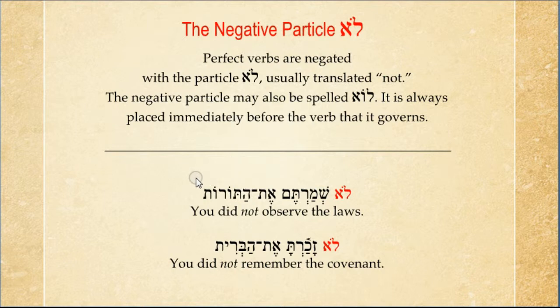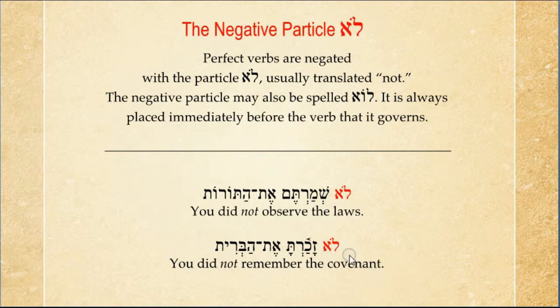Hatorot, the laws. We say in English, you did not observe the laws. Well, this is you, by the way, plural. You could see that ending tem. It tells you that this is you, plural. Lo shmartem. Not observed the law. Not observed you. You is coded in right here in this ending. The laws. It's very backwards, in a sense. English doesn't flow that way. Hebrew does.